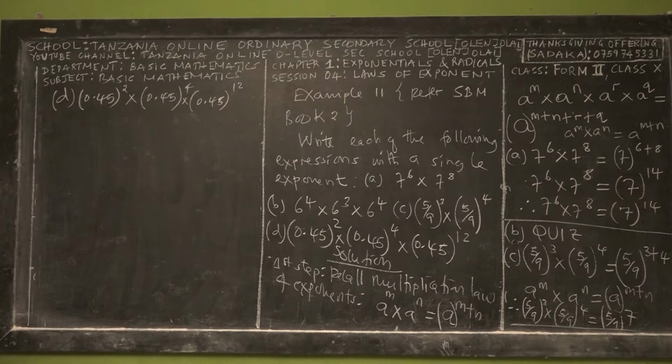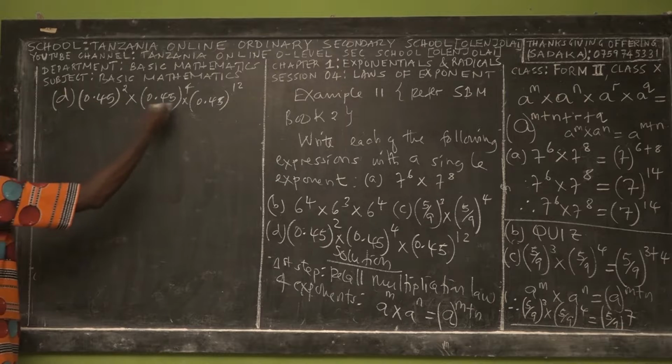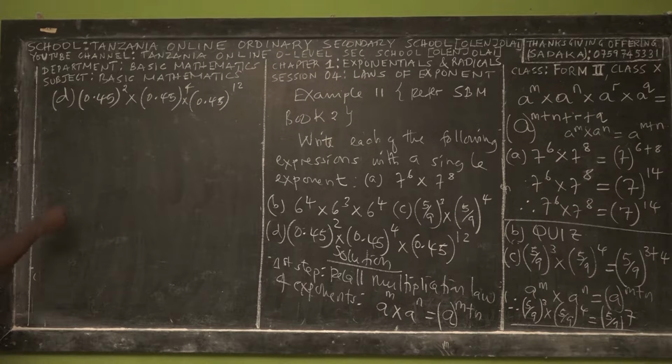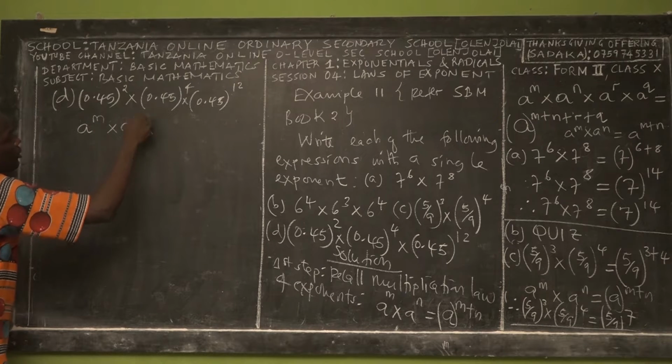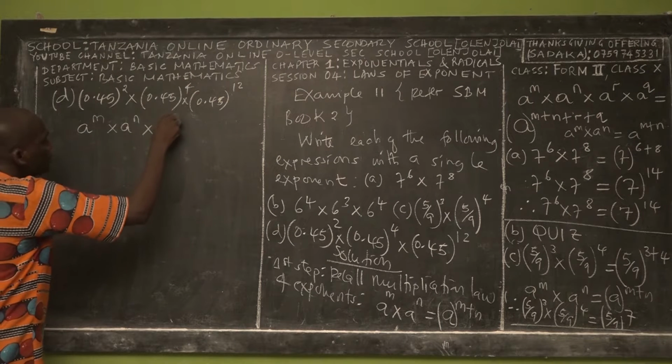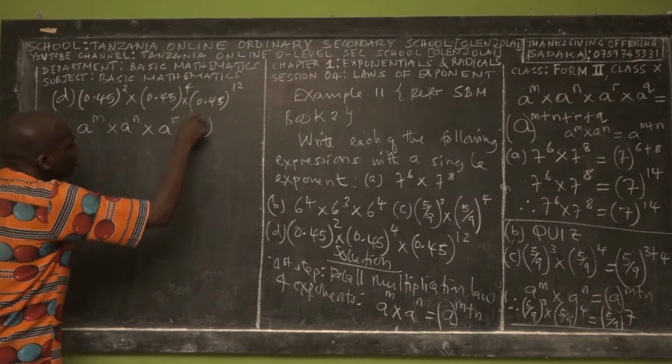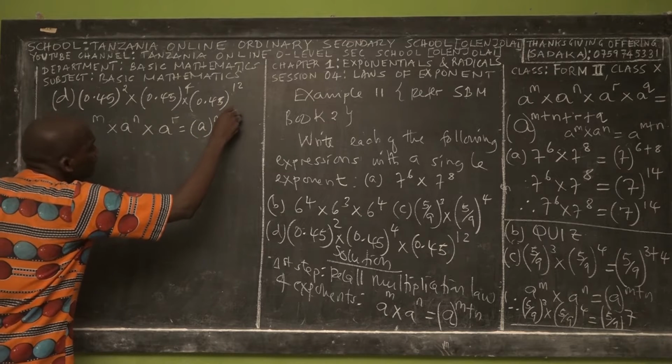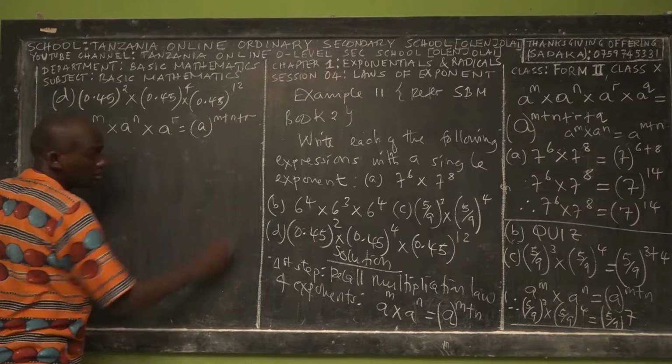So what should you recall? How many exponents do you have? 3 exponents, right? So simply we have to recall a power m times a power n, because the exponents are not the same, then times a power r. This is equal to a power m plus n plus r.